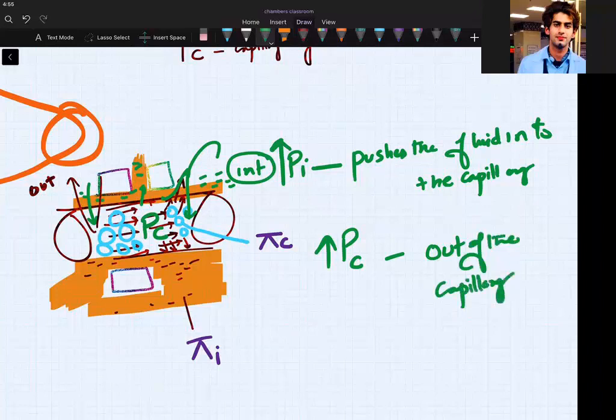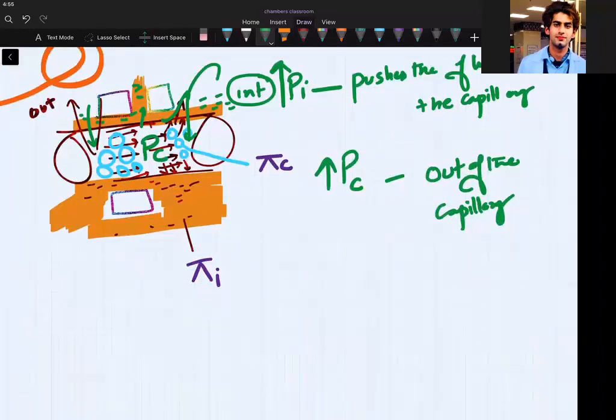Okay. Next we have pi C. So what is the function of pi C? Pi C is the plasma oncotic pressure. That means what should it do? It should pull the fluid, because think of the protein as something which loves water. So if I increase proteins in some place, if I increase the proteins in the capillary, what should you think? Is the plasma volume going to expand in the capillary, or is the interstitial fluid going to increase?